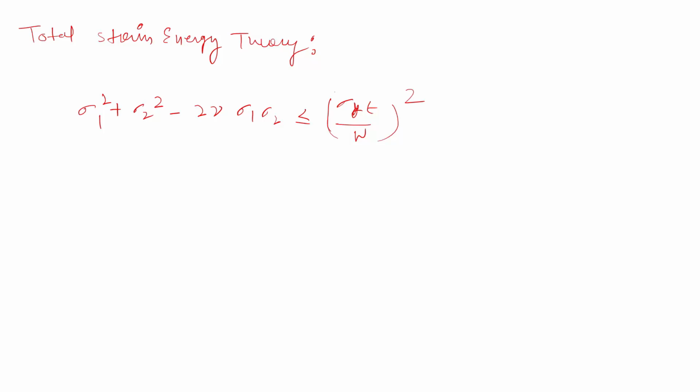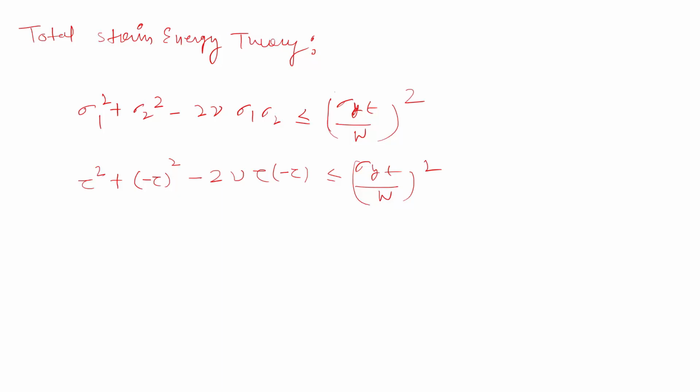And in the pure shear stress case, as we know that sigma 1 is tau, so this is tau square, and this is minus tau, so minus tau square, 2 times Poisson's ratio tau multiplied by minus tau, and this is sigma yt over n whole square.